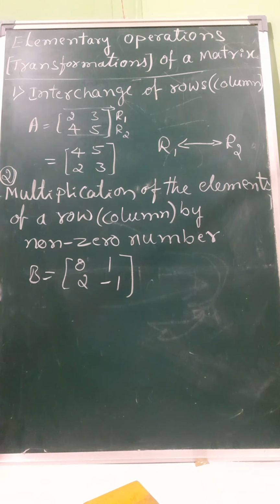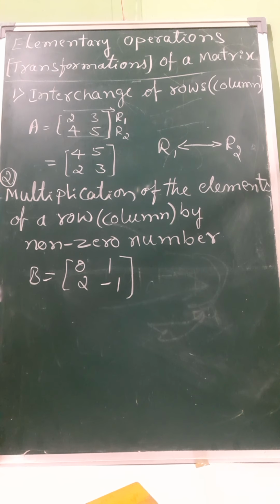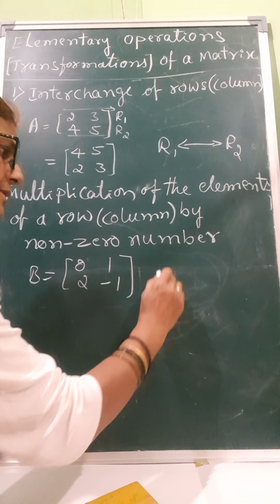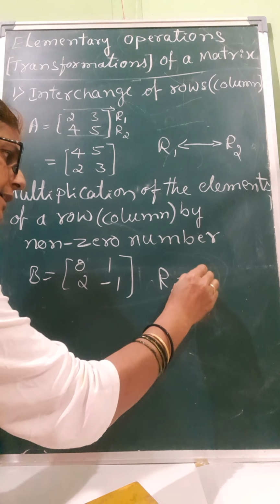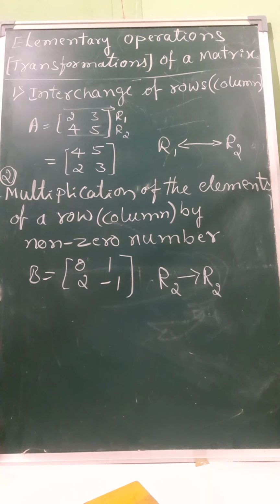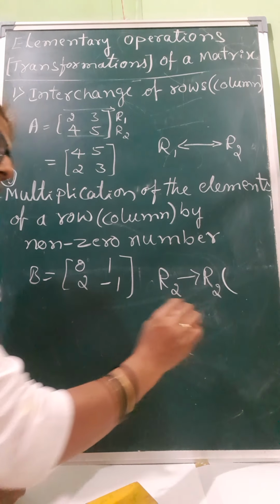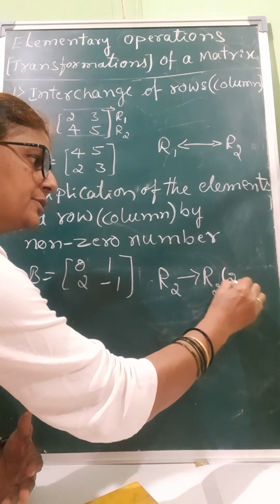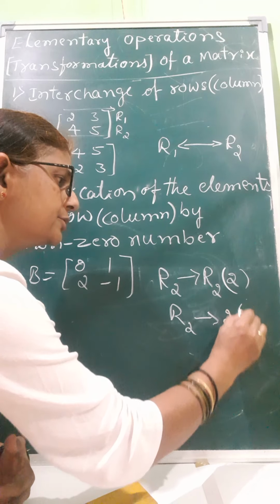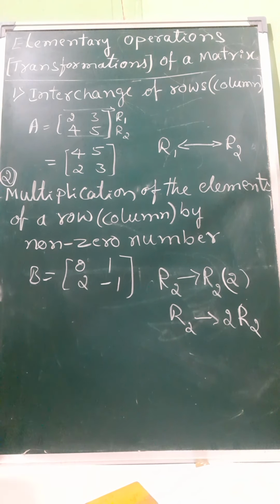This is a matrix of order 2 cross 2. We can change the second row. R2 can change by multiplying the second row elements by 2. So you can write 2 into R2.